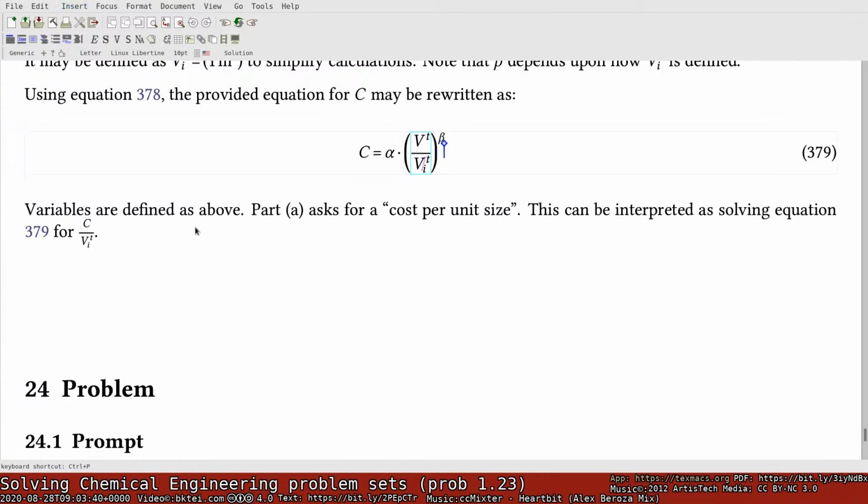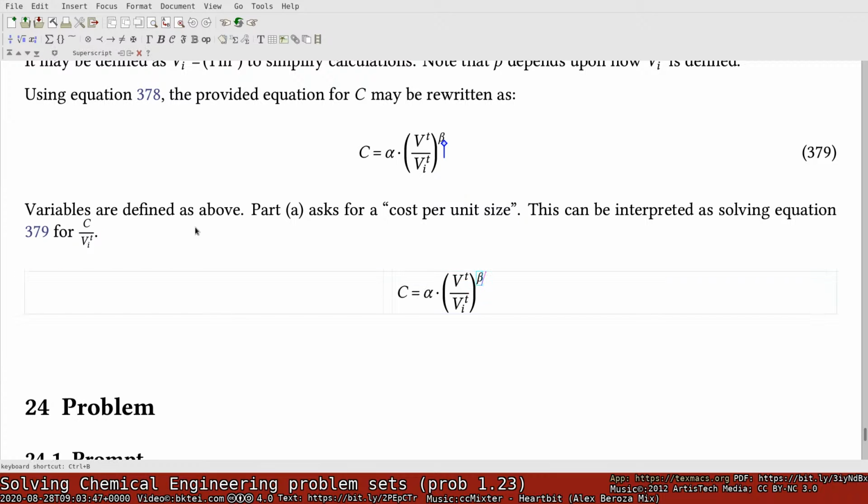Let's just start with the whole equation. Move C over.